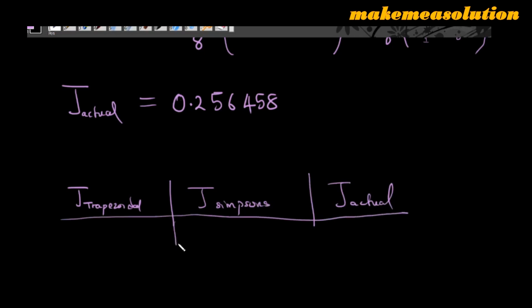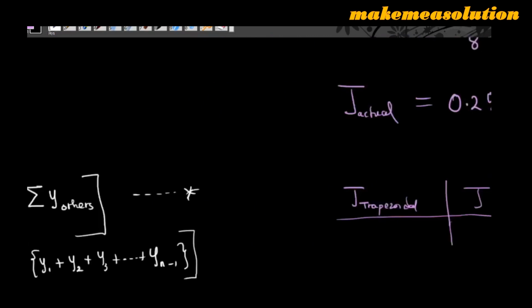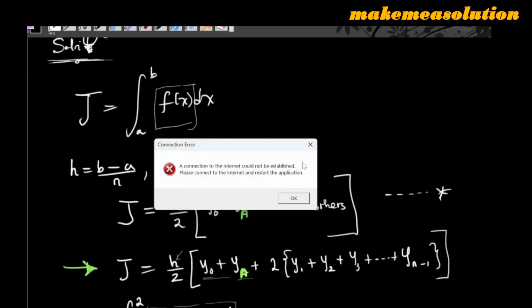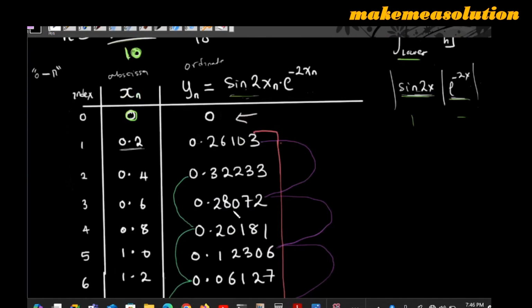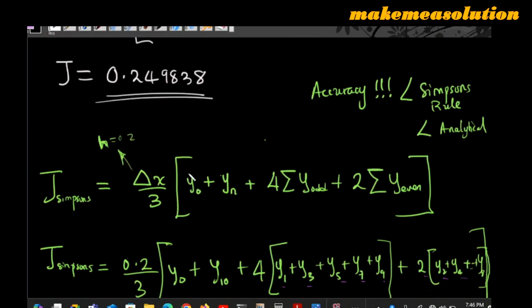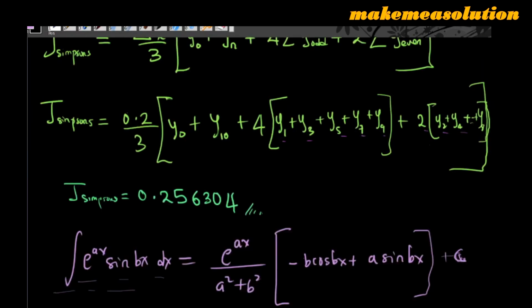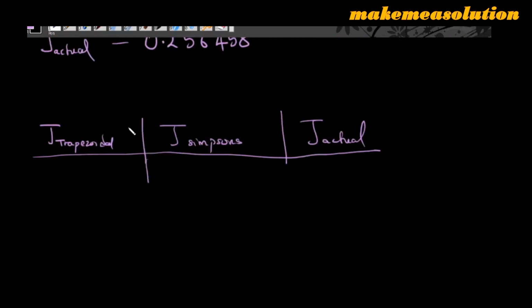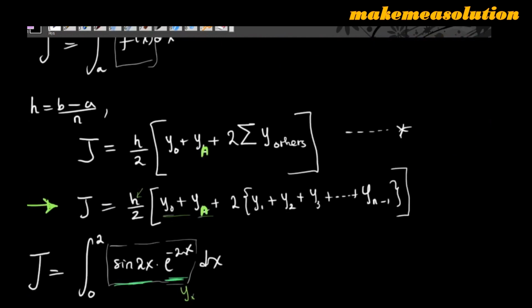So for this particular problem, if we trace it back, we discovered that our J trapezoidal, that's the first one, was 0.249838. So for J Simpson's, what do we get?